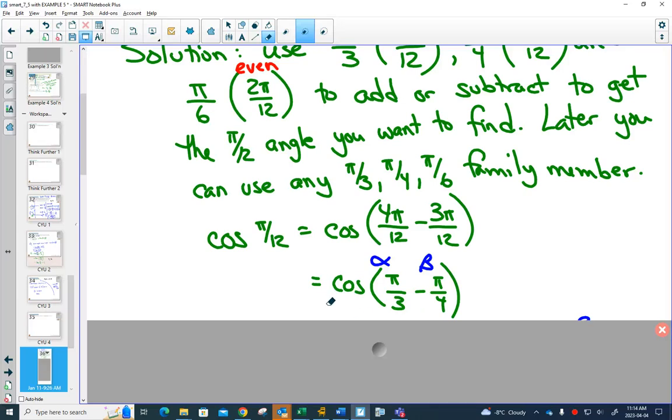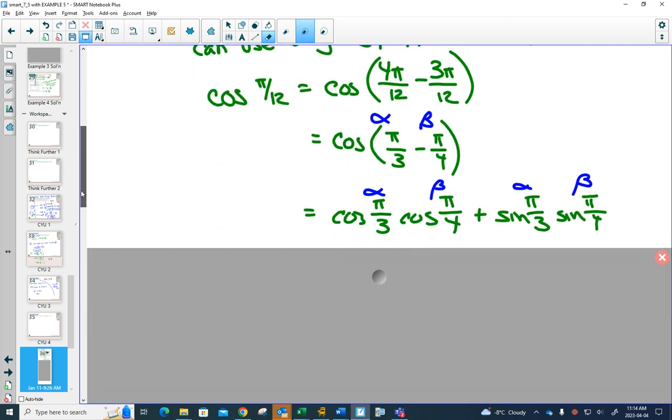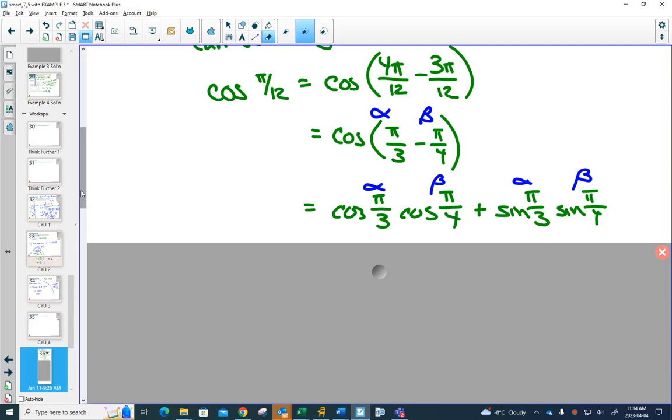Then we go to our formula sheet and say, what does our cos alpha minus beta formula look like? It's cos alpha cos beta plus sine alpha sine beta. And this time we know alpha and we know beta, so we can substitute them into the question.